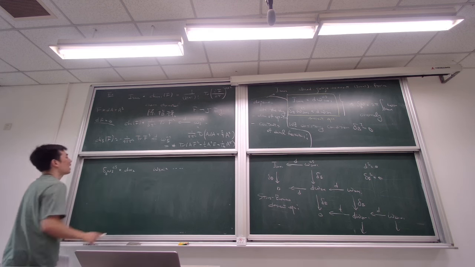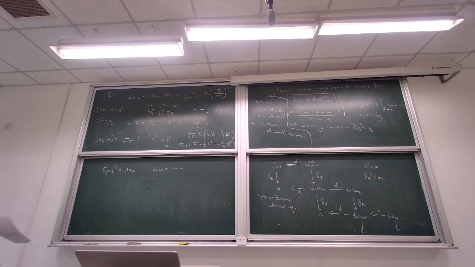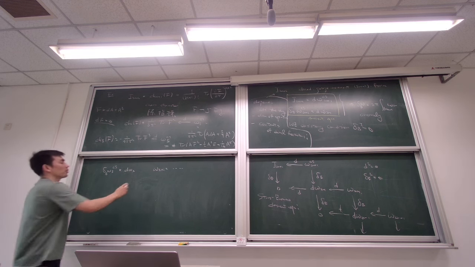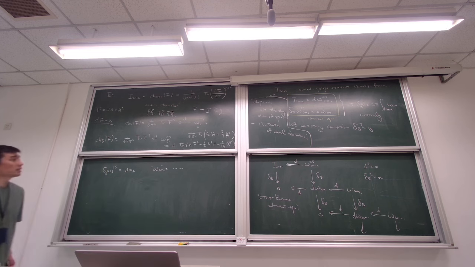Anyway, there's a method to obtain omega 2n to compute an anomaly. So let's move on.